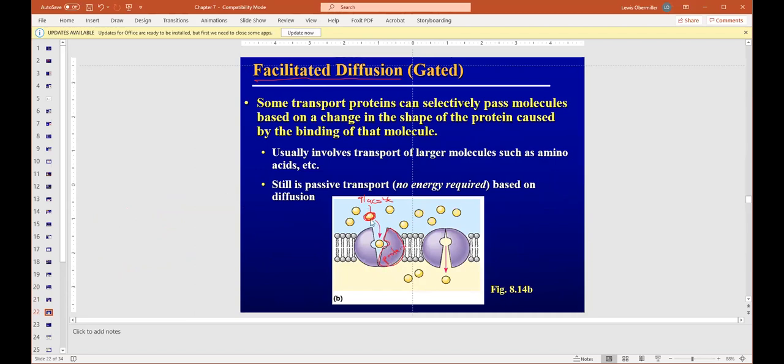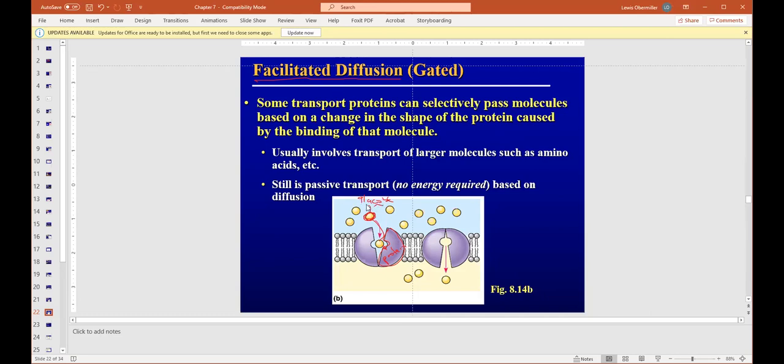And if I add a molecule, attach it to another molecule, what does it do to that molecule? And the answer is it changes its shape. That's really important. Anytime I add a molecule to another molecule, it changes its shape.